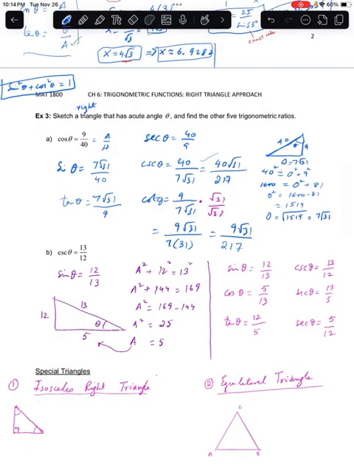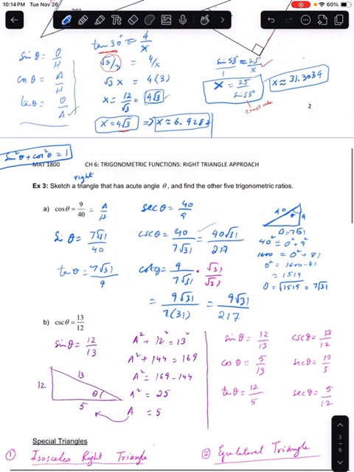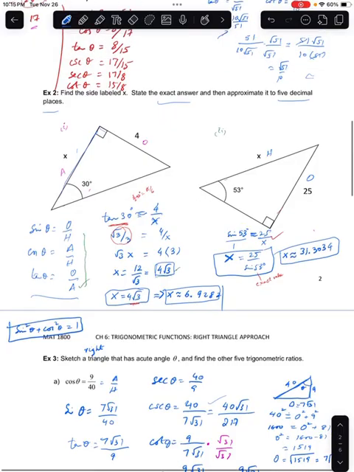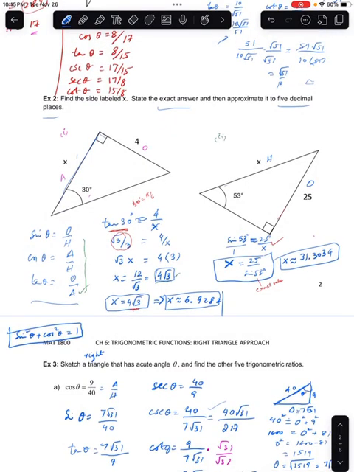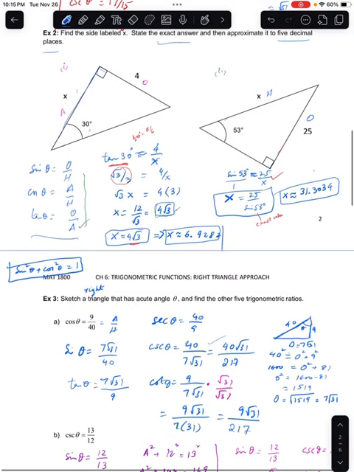Now in chapter 5 there were problems where you would be given information about one of the trig functions.